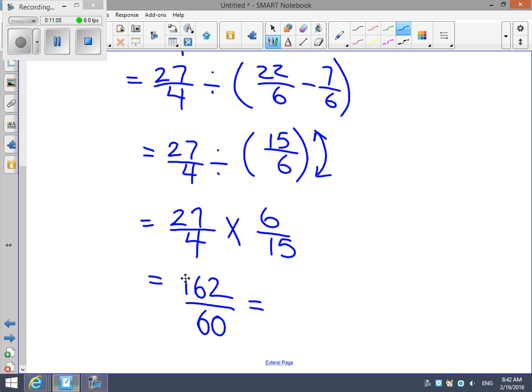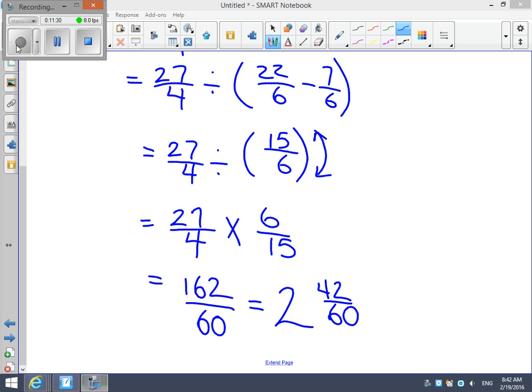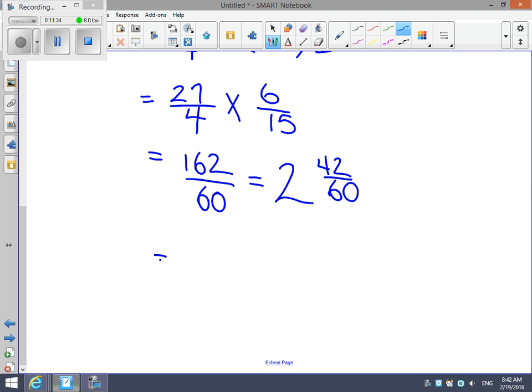That might help me reduce some of my numbers. I know 60 will go evenly into 162 at least twice, and that's 120, which will leave me 42 as a remainder over 60. So now what I have to do is find the biggest common factor I can between 42 and 60. And just like we were talking about a few lines earlier, 6 will go into 60 and 6 will go into 42.